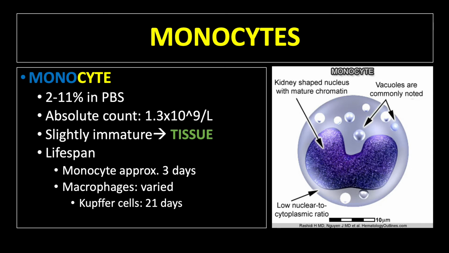For the lifespan, the monocyte stays approximately 3 days, and for the macrophages, it usually varies depending on the location. For the Kupffer cells, as mentioned in the book, it lasts for 21 days.